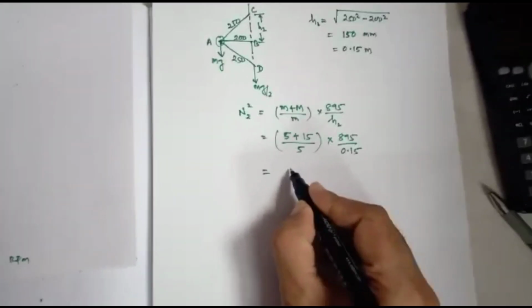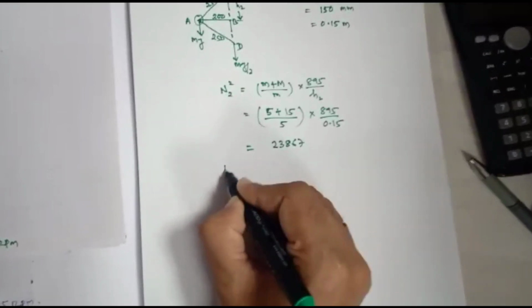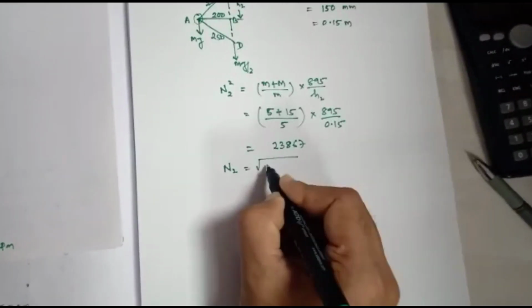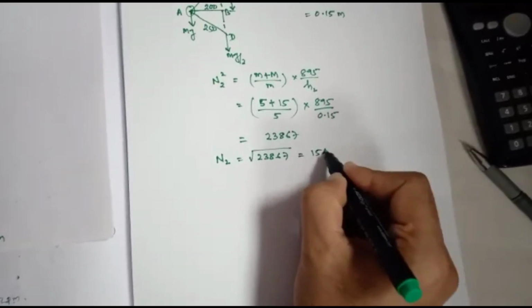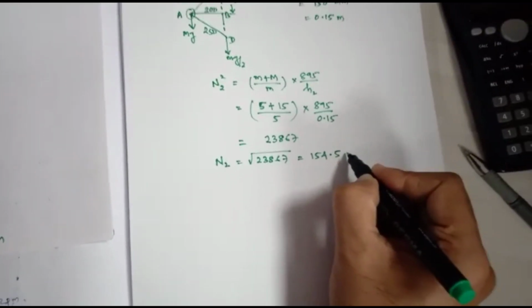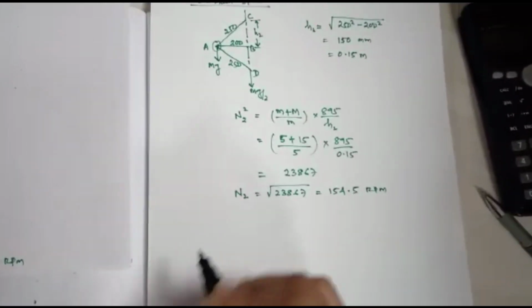After calculation, we'll get the value 23867. So what is N2? Root over of this 23867. It will come 154.5 RPM. This is the maximum speed.